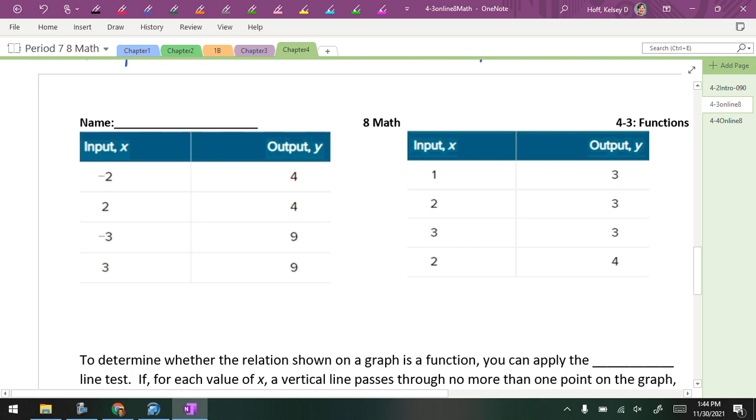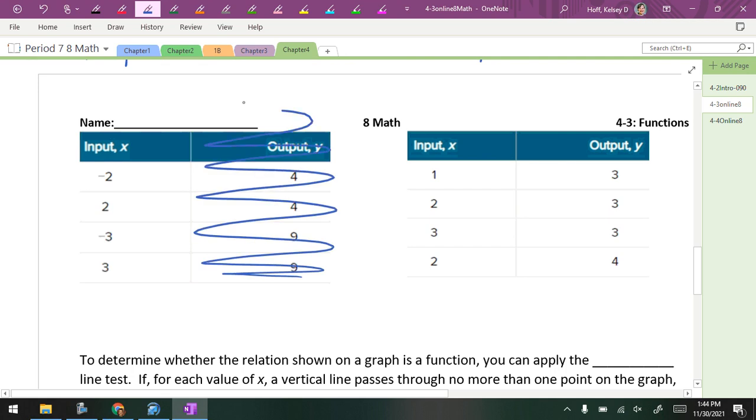But 4 and 9 repeat. Bingo! Y's don't matter. Good job not falling for my trick here. Y doesn't matter. Do any of these x values repeat? No. So this, yes, is a function.